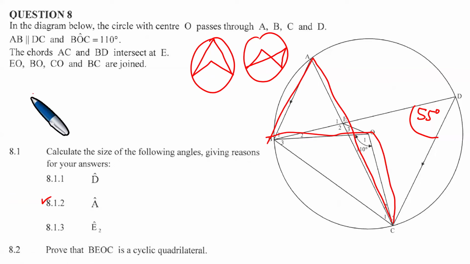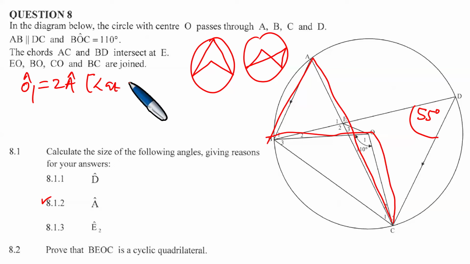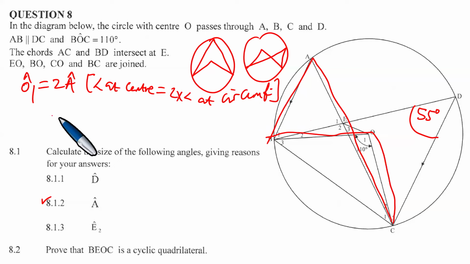So we're able to see that angle O1 is 2 times A. The angle O1 is 2 times angle A, and the reason for that is that the angle at center is 2 times the angle at circumference.